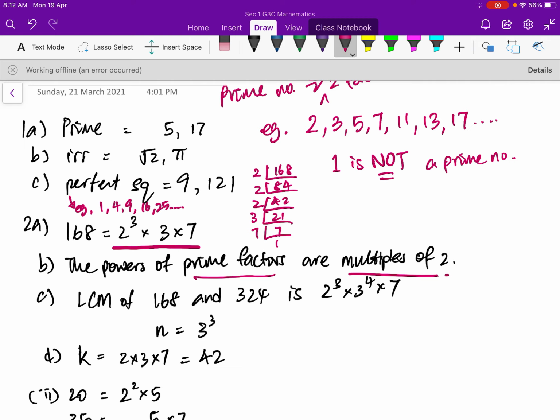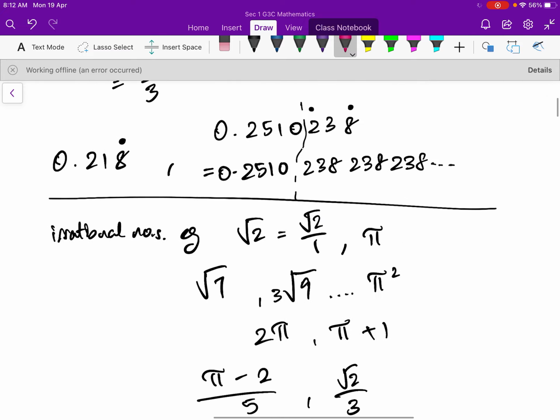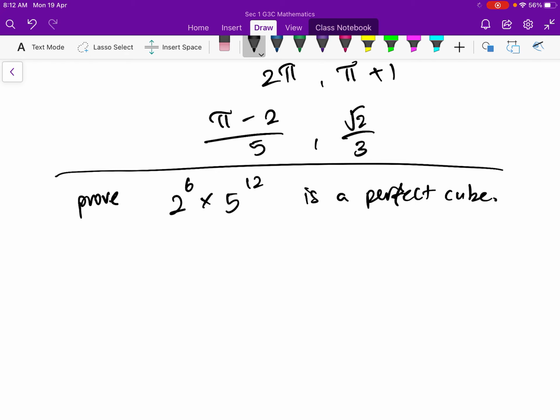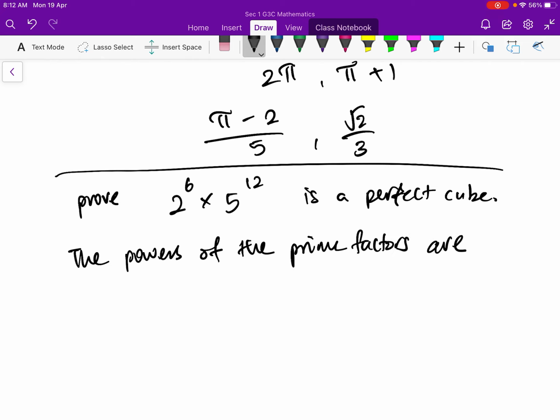What if the question asks for perfect cube? Back to the rough working at the side. If the question asks to prove that 2 to the power of 6 times 5 to the power of 12 is a perfect cube, you have to say the powers of the prime factors are odd?